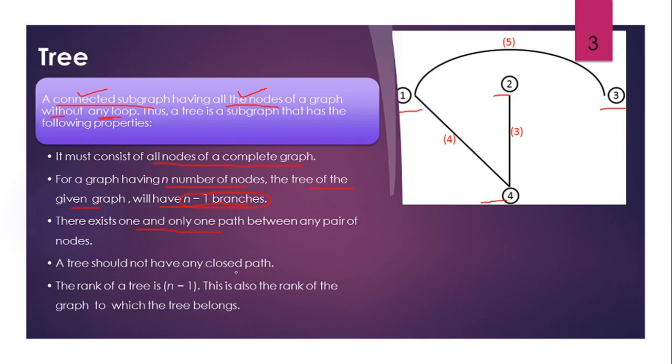A tree should not have any closed loop path, surely. The rank of a tree is n minus 1. This is also called the rank of the graph to which the tree belongs. As we have seen in the previous lecture, the rank of a graph is number of nodes minus 1. The tree covers all the nodes, so the rank of this tree is also the same, that is n minus 1.